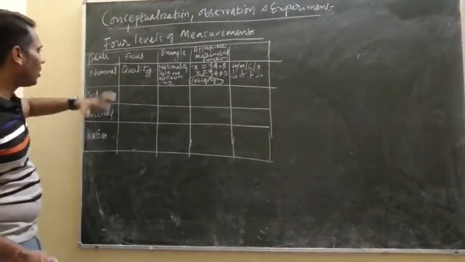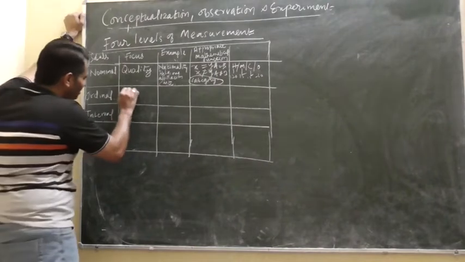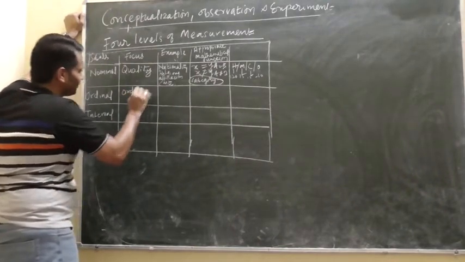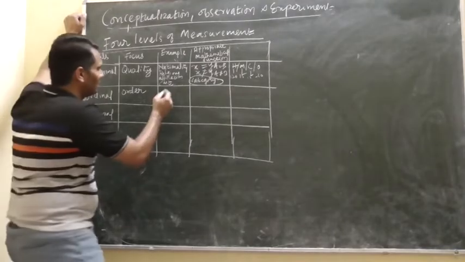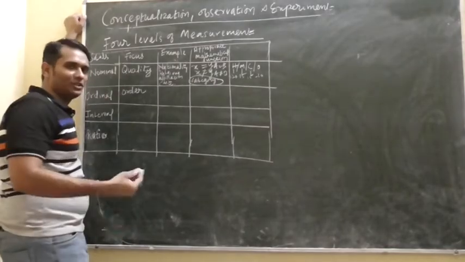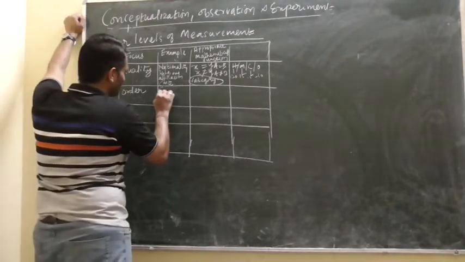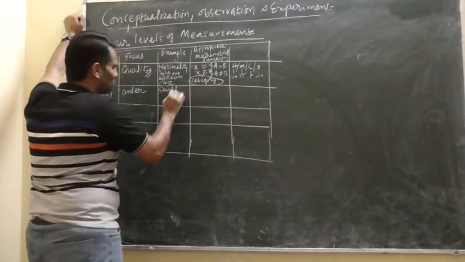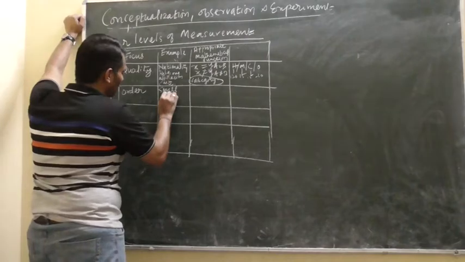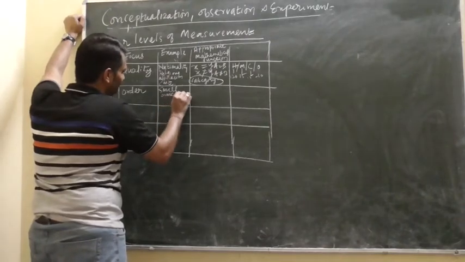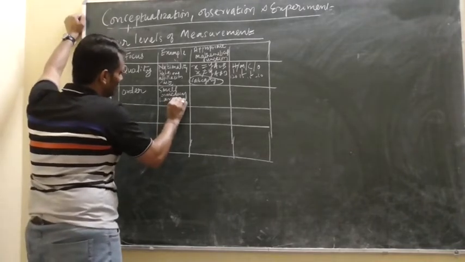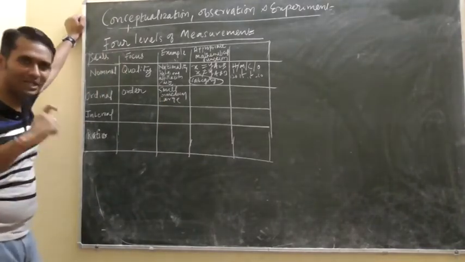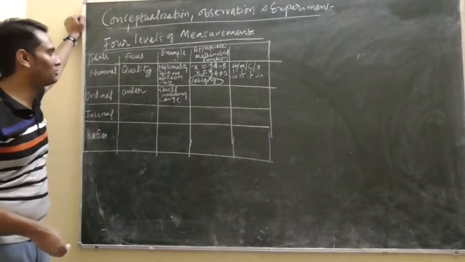The next one is the ordinal scale. The ordinal scale explains the order. An example is that you go to a coffee shop and you are asked whether you want a small, medium, or large cup of coffee.